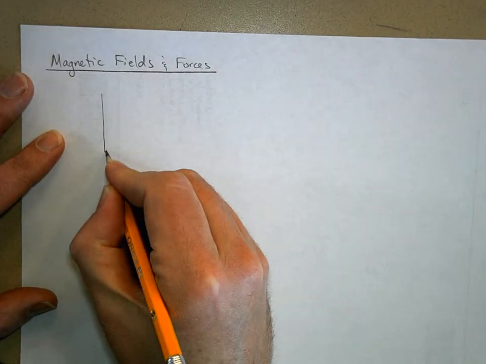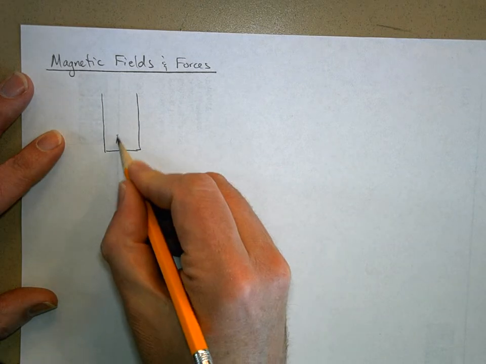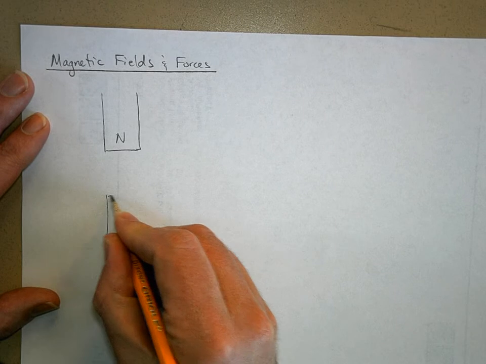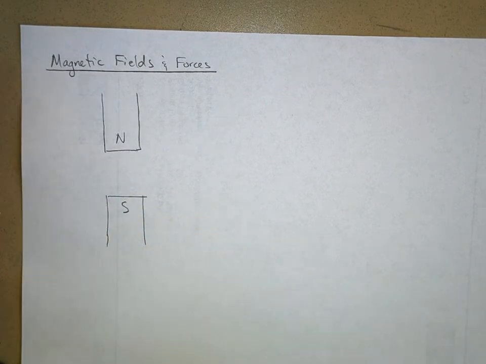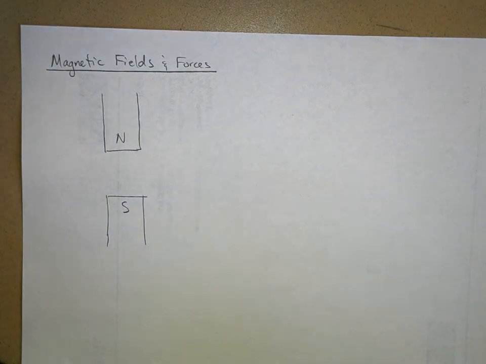So let's begin by looking at a bar magnet. And this has a north pole. And this has a south pole. Now I'm going to assume that you've played with magnets before. And if you haven't, get some magnets and play with them. They're fun. Okay, and if you put the north pole and the south pole, you get an attractive force between those poles.